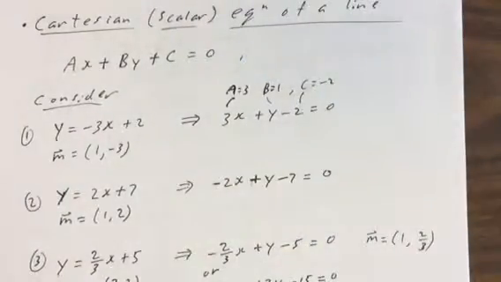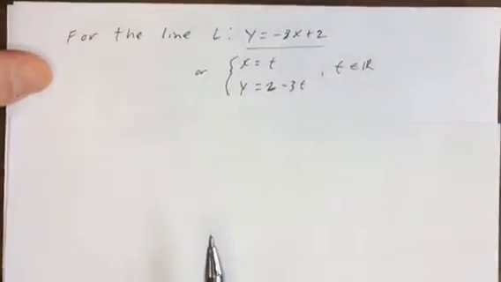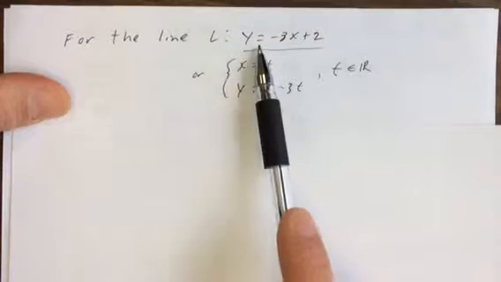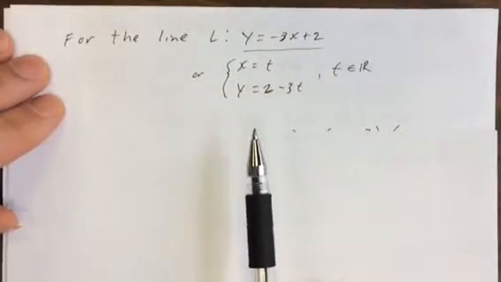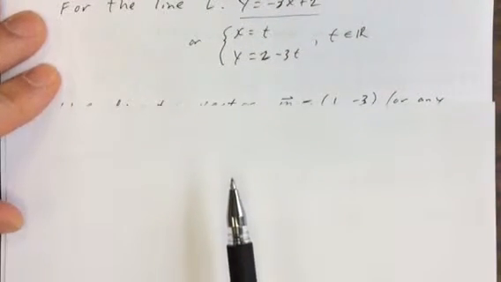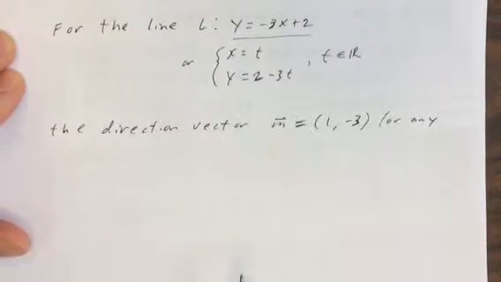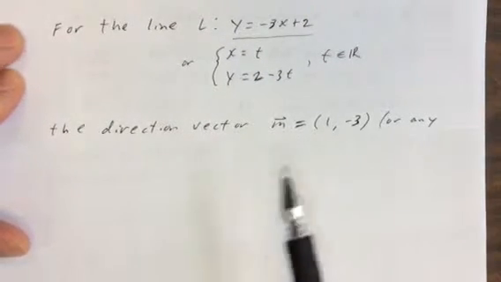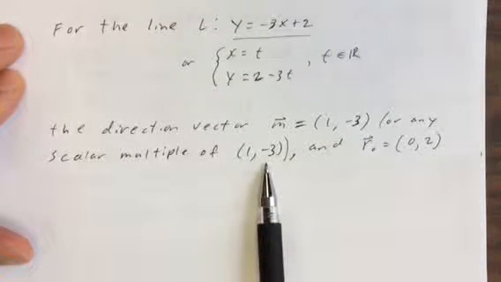So for line L, y equals negative 3x plus 2, we have it in slope-intercept form and we have it in parametric form. In vector form, m is just 1, negative 3, or any scalar multiple of 1, negative 3.